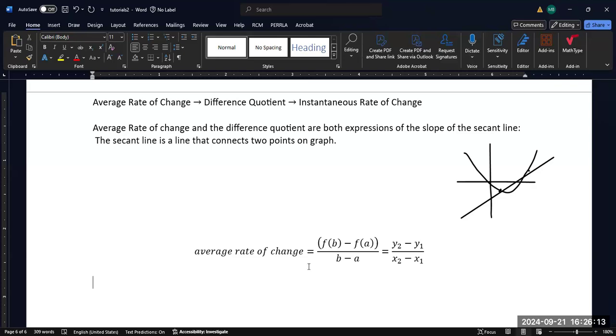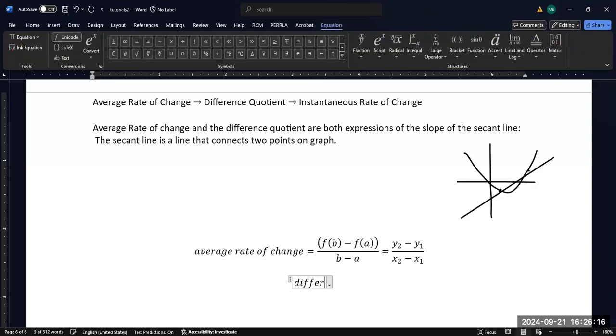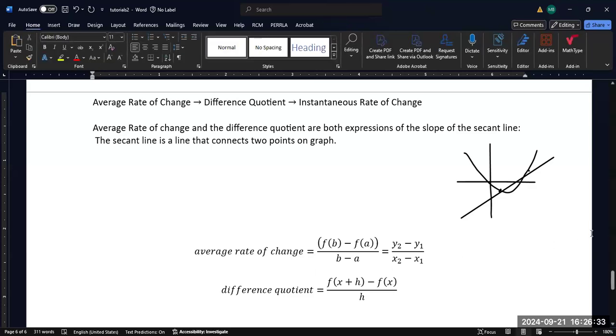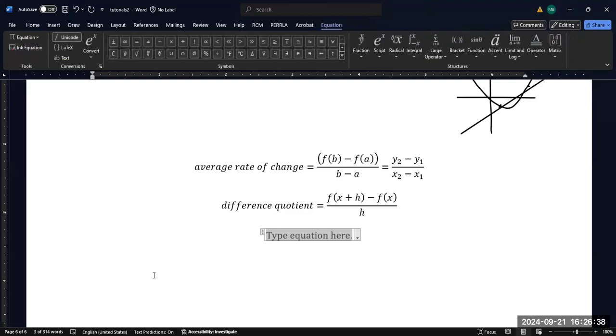Now, the difference quotient often is introduced to us in the context of just using and getting used to function notation, but it actually has a particular meaning. The way the difference quotient works essentially is we're going to say that x is a and x plus h is b.